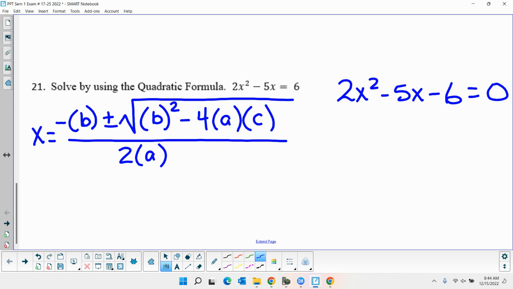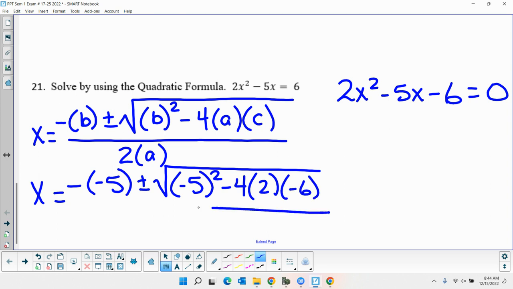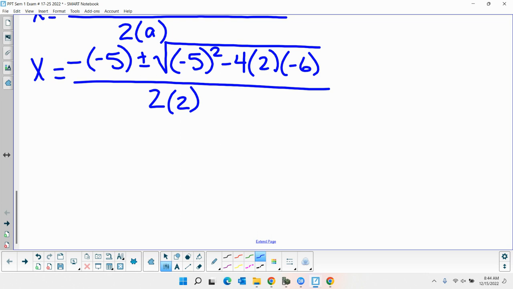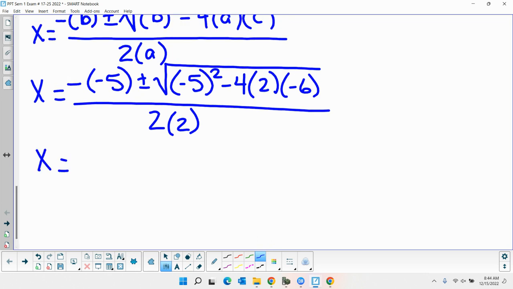So, negative b, and b was negative 5, plus or minus square root of b squared minus 4ac all over 2a. All right, so those are the numbers I put in. So that's a positive 5.